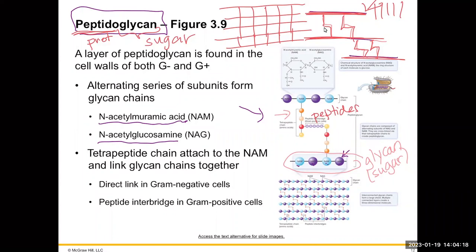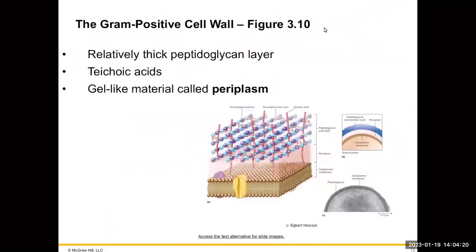Now, gram-positive cell walls have a thick peptidoglycan layer. Here's the plasma membrane, or cytoplasmic membrane, and out here they have a very thick layer of those proteins and sugars.